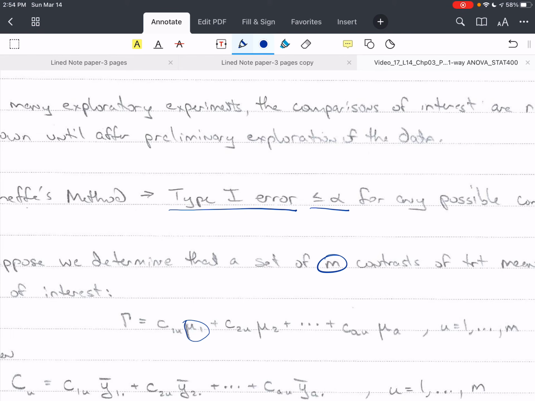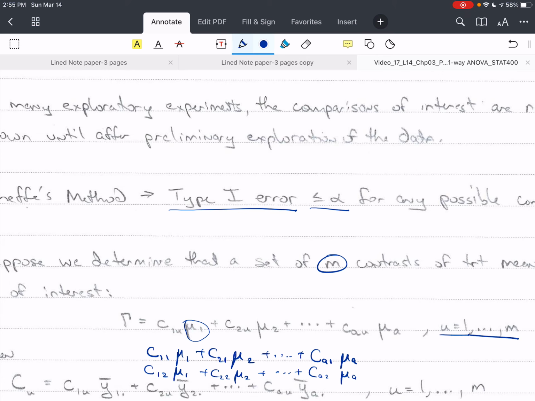For the first contrast, where u equals 1, we'd have C11 mu 1 plus C21 mu 2 plus up to CA1 mu A. And for the second one, where u is equal to 2, since u goes from 1 to M, we'd have C12, which could be a different coefficient than C11, times mu 1 plus C22 mu 2 plus up to CA2 mu A. So that's how we're doing the different contrasts.